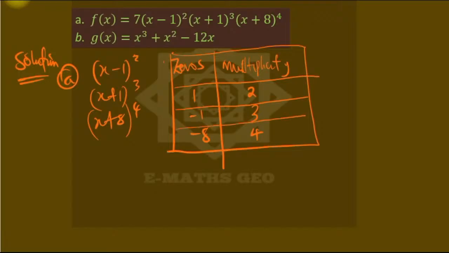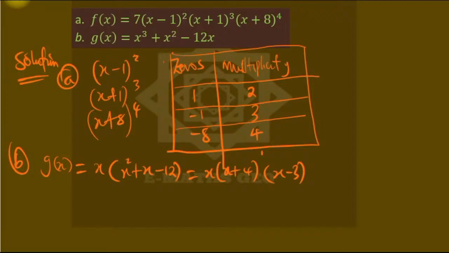For the second one, they didn't factor it, so we need to factor it. What is common? We bring out x. I have x times x squared plus x minus 12. The multiplicities are all 1. So the zeros are minus 4, and the zeros are 0. Sorry, because I didn't consider the 0.